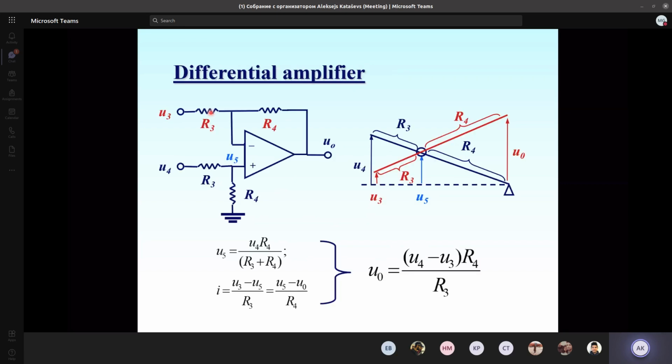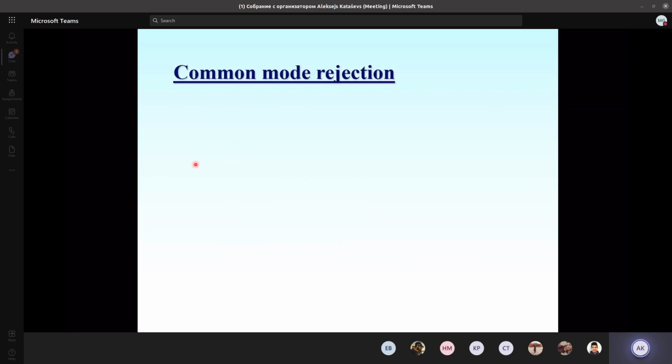The gain R4 divided by R3 is the gain for the differential signal. It describes how the difference between the input voltages will be amplified. Except for the differential gain, the differential amplifier has a so-called common mode gain.